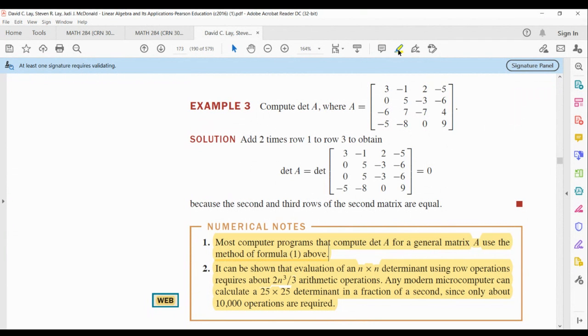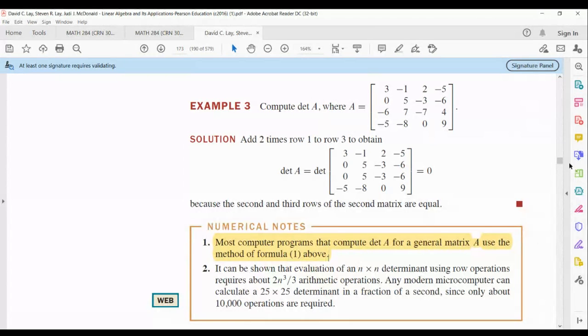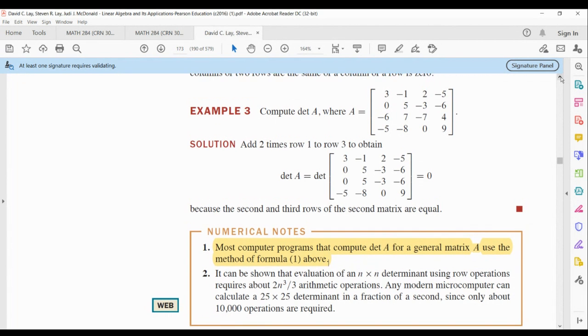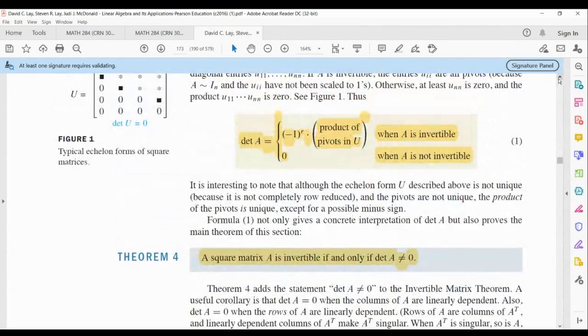But here, they make the comment that most computer programs that compute the determinant of A for a general matrix use the formula 1 above. And the formula 1 above is this formula here.